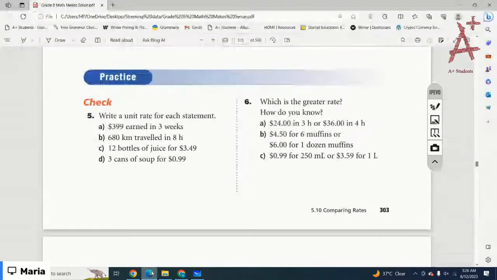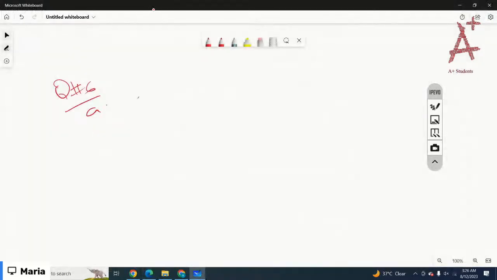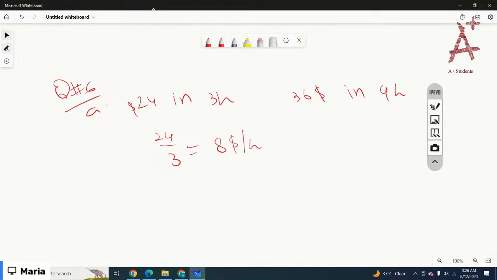That is a comparison of two different rates, right? 24 dollars in 3 hours. Okay, just calculate the unit rate, right? So 24 over 3 is 3 times 8 is 24. That is $8 per hour. 36 over 4, that is 4 times 9, $9 per hour. So this one is greater, right?